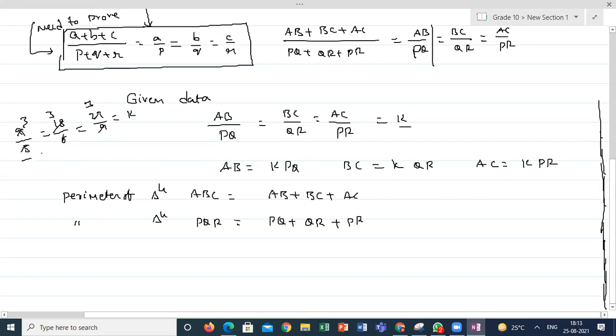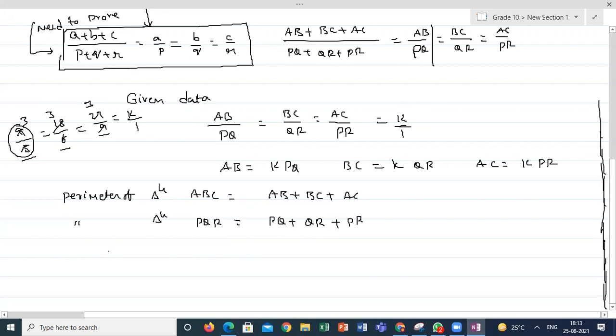When I can say 3 ratios are equal, each and every ratio should be equal to some K by 1. Correct? This K is called the common ratio, the least form of that ratio. That might be a fraction or a general number, an integer. We can't say which one.